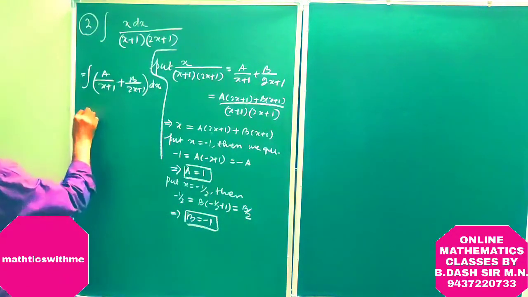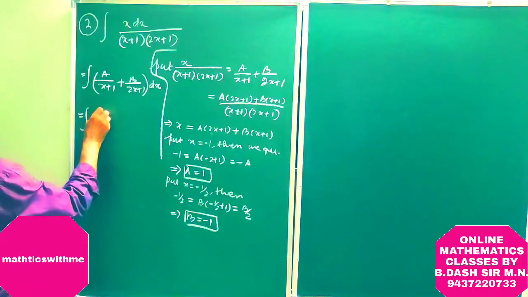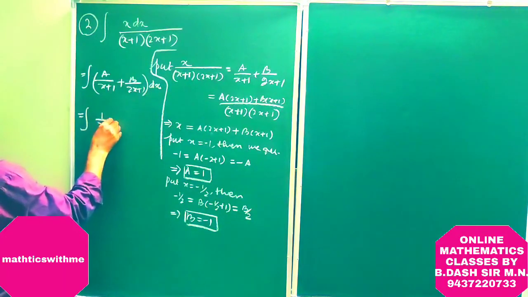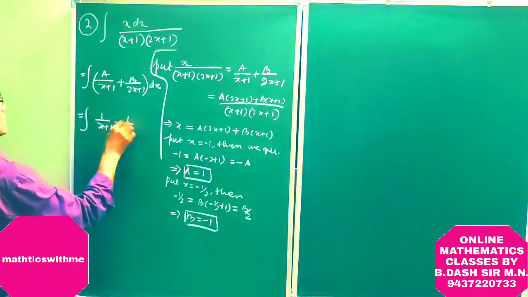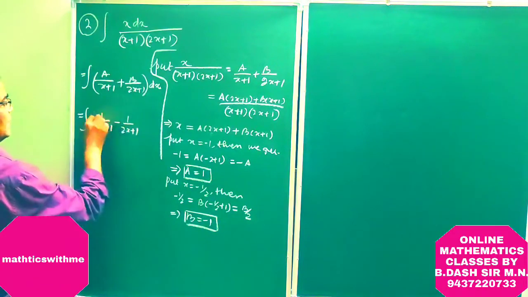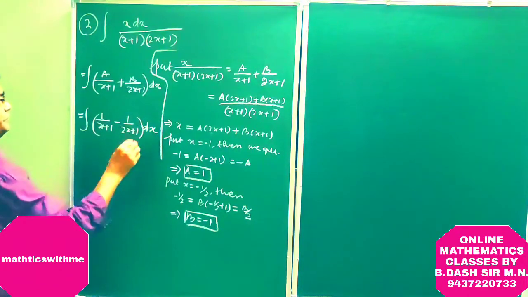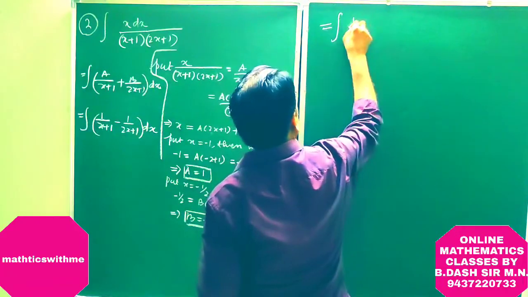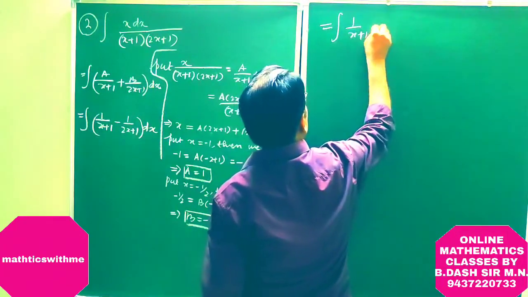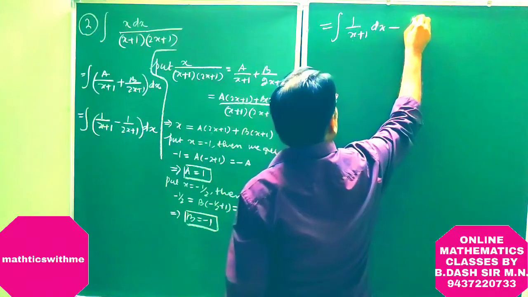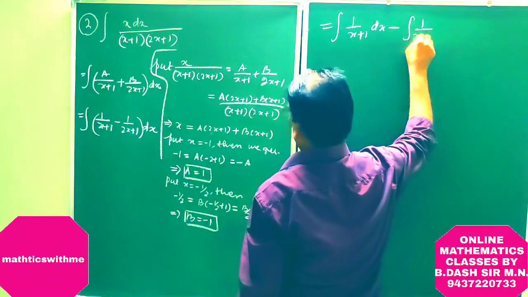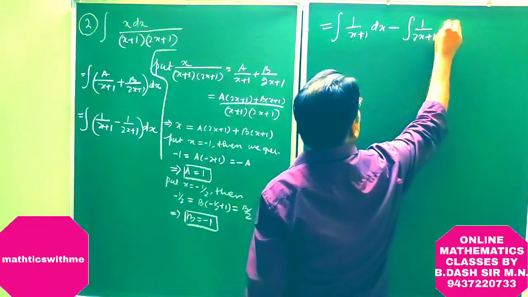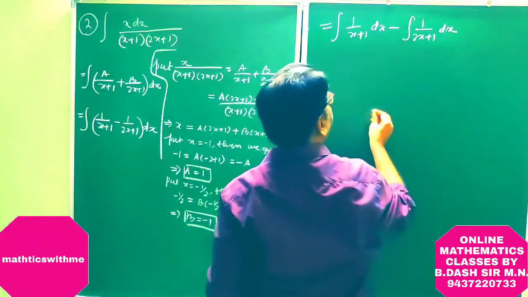So this integration is the integral of 1 by x plus 1 minus 1 by 2x plus 1 dx. So this is equal to the integral of 1 by x plus 1 dx minus the integral of 1 by 2x plus 1 dx.